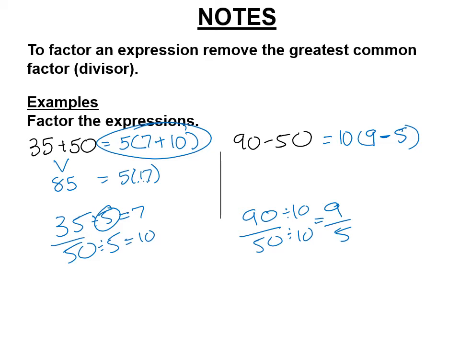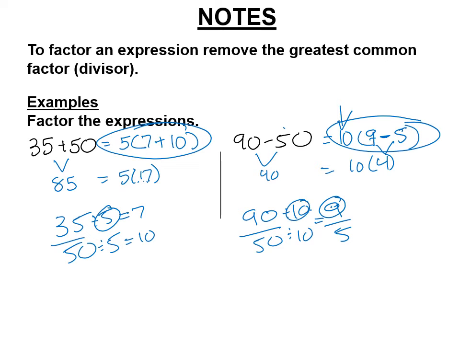Let's double check that these are equal, right? 90 minus 50 is 40. What's 9 minus 5? 4. Yeah, they're equal. 10 times 4. So this is the original expression factored, right? The greatest common factor was 10, and then the other factors are 9 and 5. 9 and 10 are factors that make the product 90. 5 and 10 are factors that make the product 50.